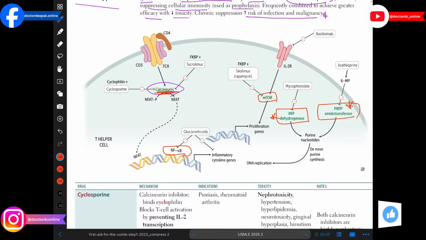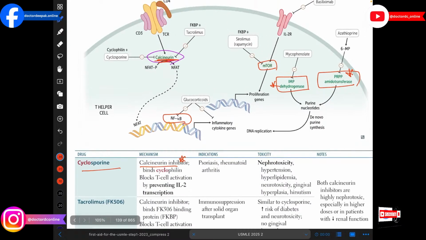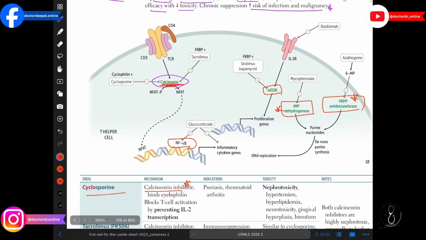First, we are going to start with cyclosporine. Cyclosporine is a calcineurin inhibitor. What is calcineurin? Calcineurin is a substance that is activated by cyclophilin or FKBP. The activation of calcineurin by cyclophilin is blocked by cyclosporine.